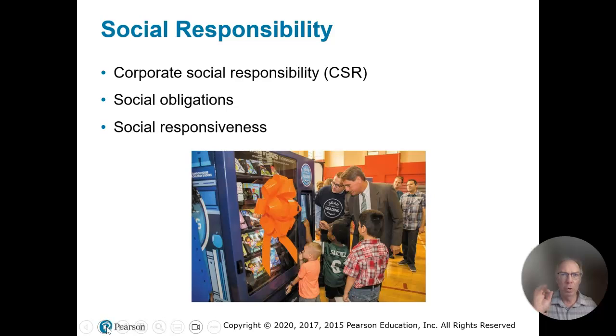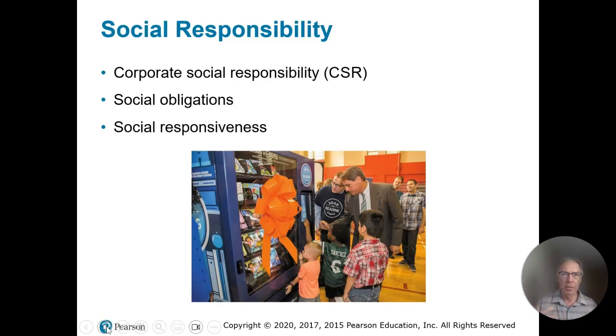His definition was winning. You cannot give back if you do not have any money. So your first responsibility in social responsibility is to be a winning organization so that you have the resources to give back. Some people agree with that, some people don't.